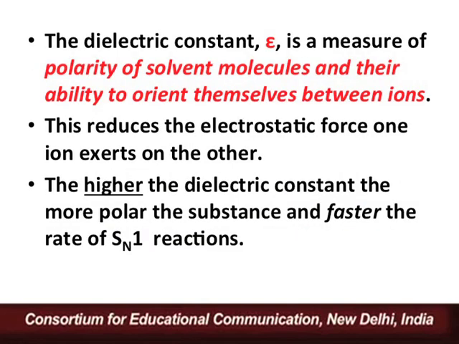The dielectric constant is a measure of polarity of solvent molecules and their ability to orient themselves between ions. This reduces the electrostatic forces which one ion exerts on the other. The higher the dielectric constant, the more polar the substance and faster will be the rate of the reaction.